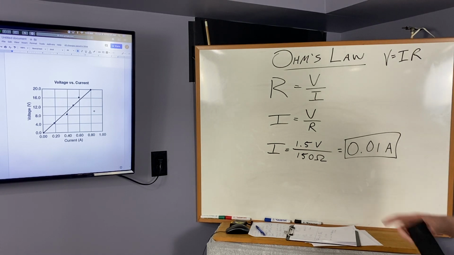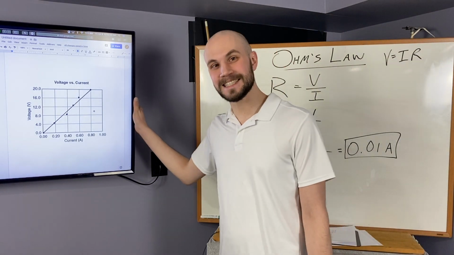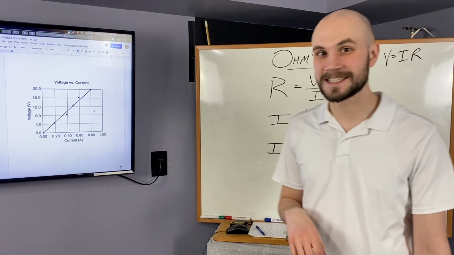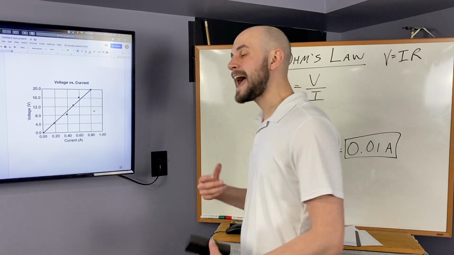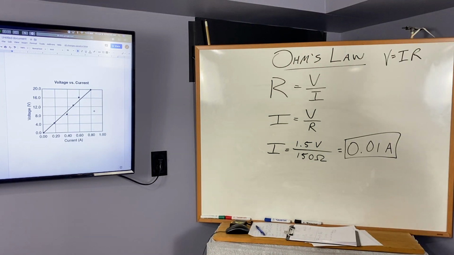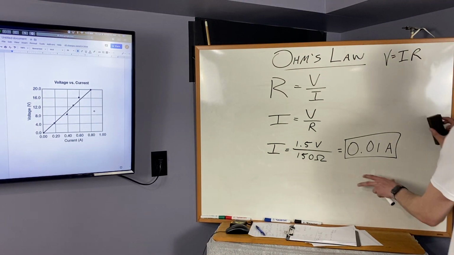Our goal here is to calculate the resistance of this device based on the information that is given. We have this graph. How do we find the resistance when a graph like this is given?